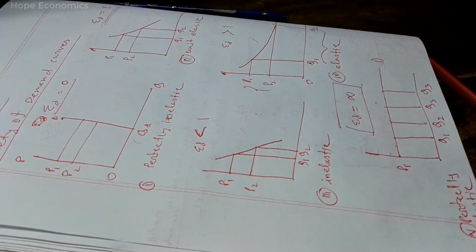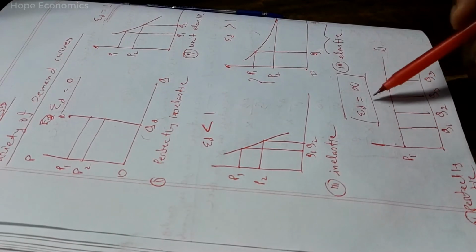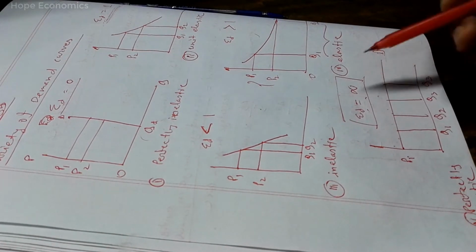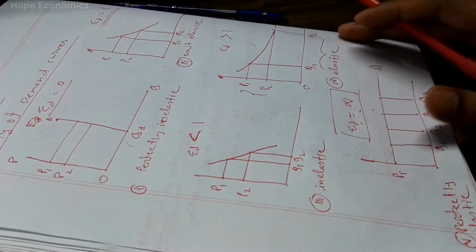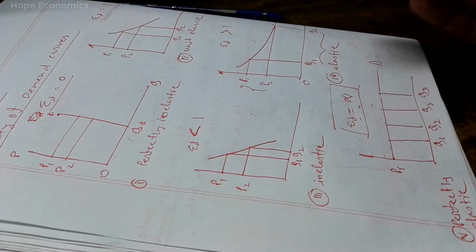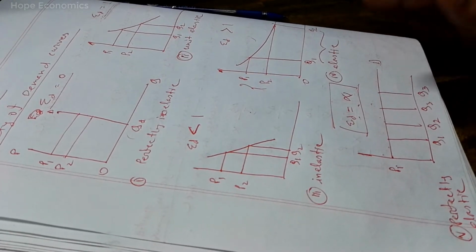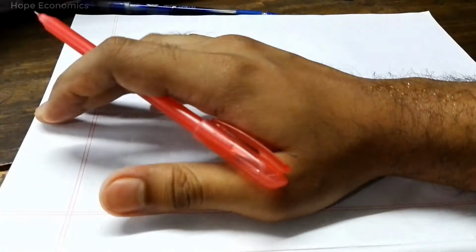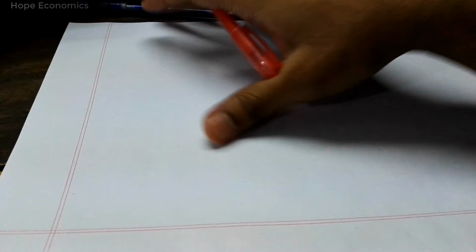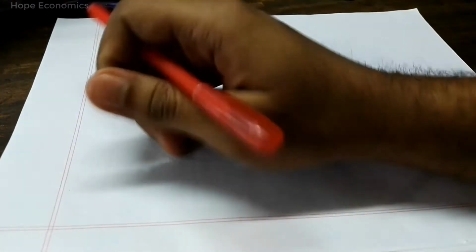So we have already an idea about the value of elasticity of demand, and by using this value we can find out whether the curve is elastic, inelastic, perfectly elastic, or unit elastic. We have already known about the value and the law of elasticity.